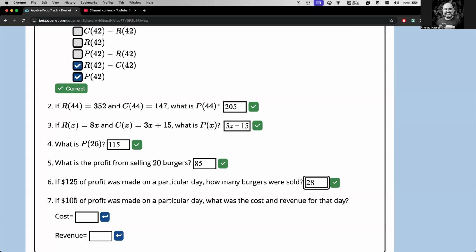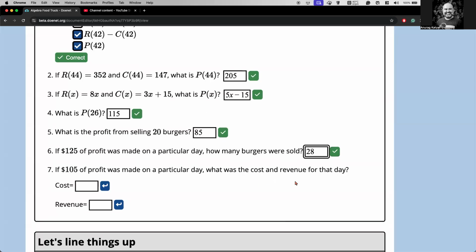Okay. What if $105 of profit was made? How would you get to the cost and revenue from there? I'm telling you how much profit was made. How do you get from the profit all the way to cost and revenue?